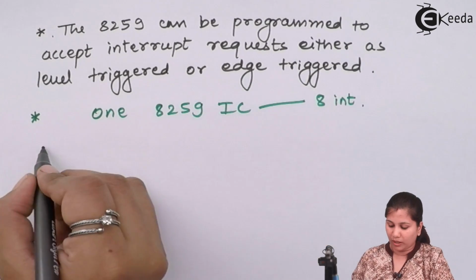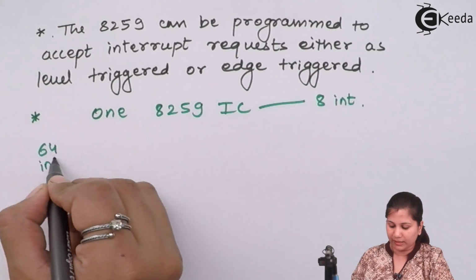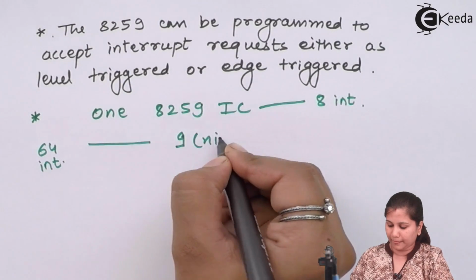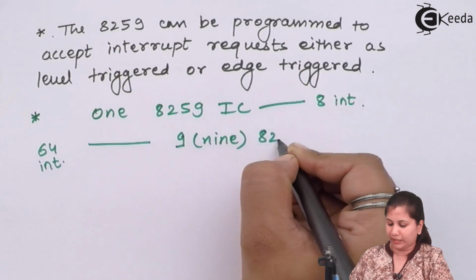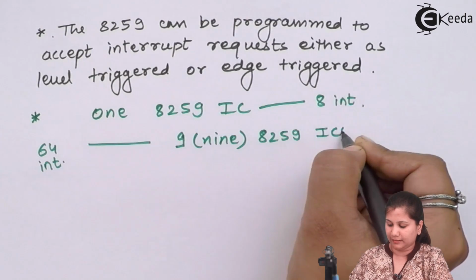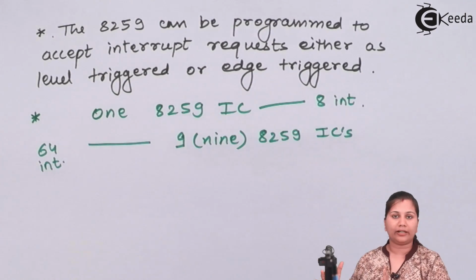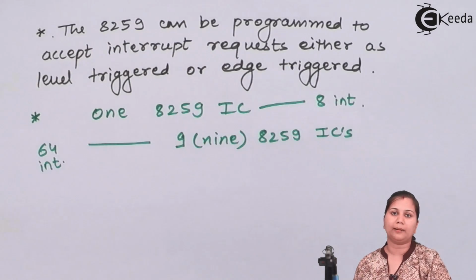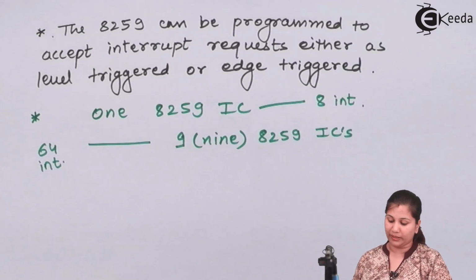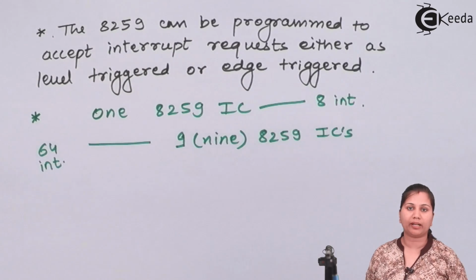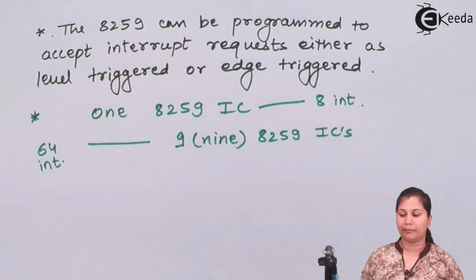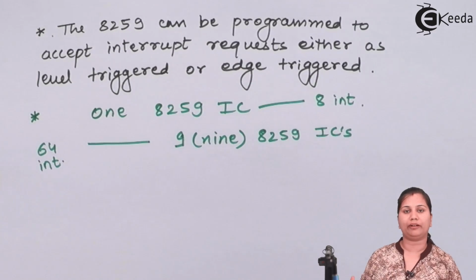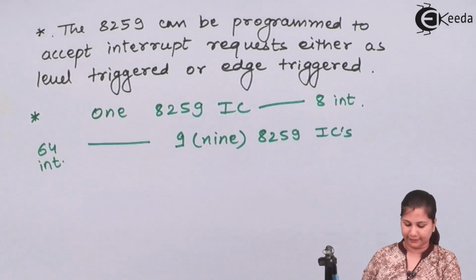Now if we want 64 interrupt requests, then we are going to connect 9 8259 ICs. Okay, 8 of the 8259 ICs will be the slave ICs and one will be the master IC. In this way, 64 interrupt requests can be handled by using the cascaded version, means by using 9 8259 ICs simultaneously.